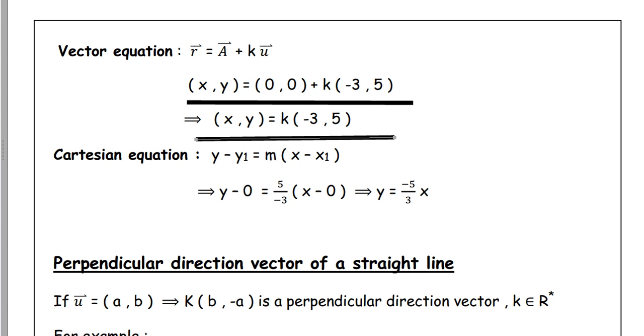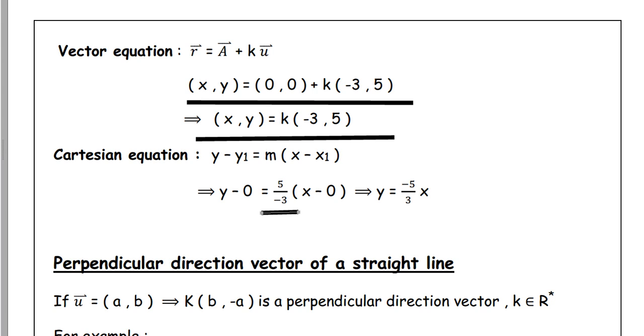Then y minus y1 equals m by x minus x1. Y minus 0 equals 5 over negative 3, which is the slope. How did we get it? Yes, excellent, from the direction vector. So y equals negative 5 over 3 x.